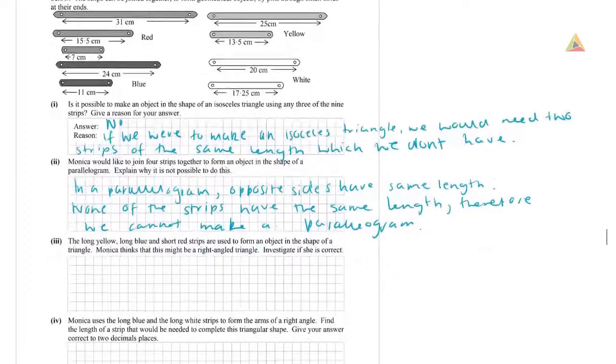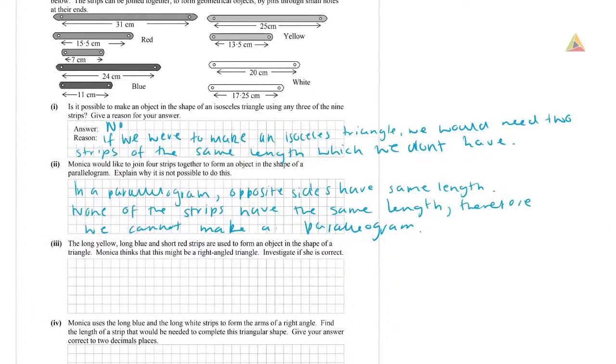For part 3, the long yellow, long blue and short red strips are used to form an object in the shape of a triangle. Monica thinks that this might be a right-angled triangle. Investigate if she is correct. Okay, so the long yellow strip, first of all, is 25 centimeters.